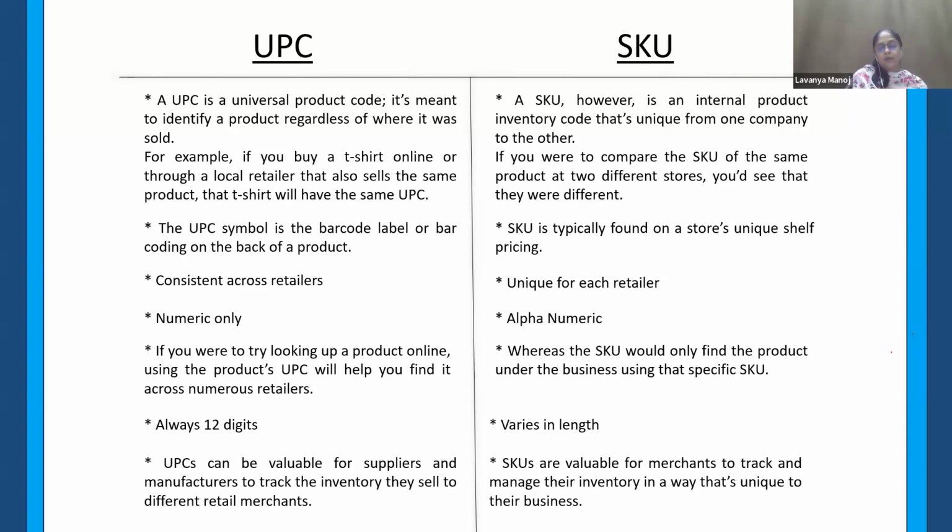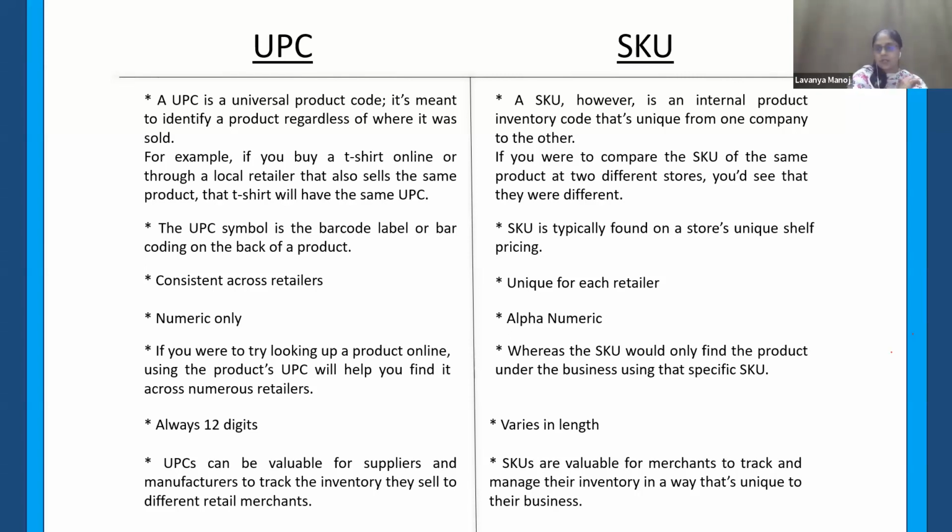But with the help of UPC, other business people can easily identify that this first 6 digits belong to this particular company, so these people are dealing with this company's products. The UPC symbol is a barcode label on the back of the product, and SKU is typically found on the store's unique shelf pricing. And UPC is consistent across all the retailers.